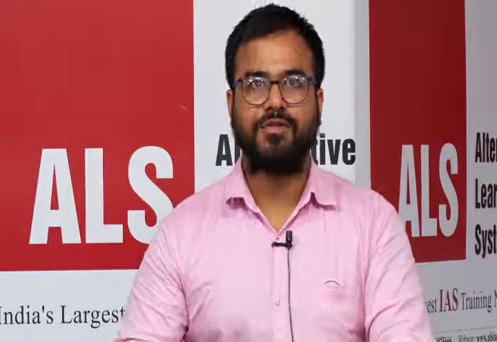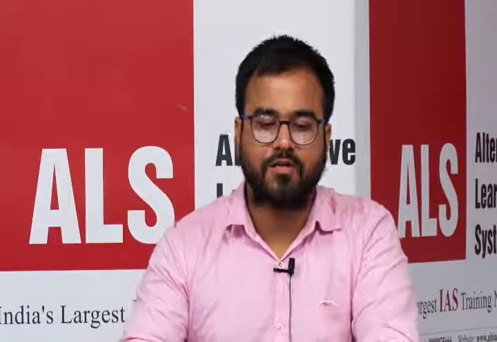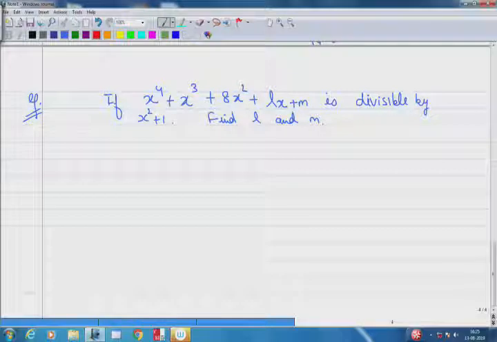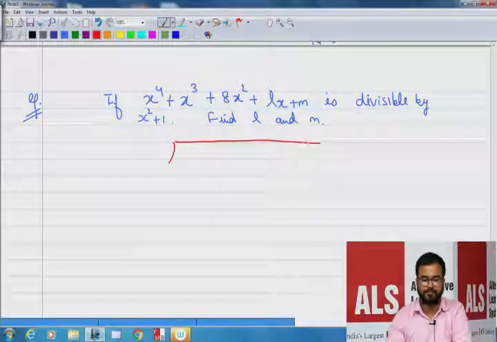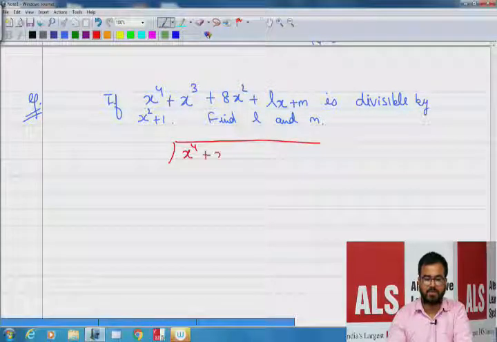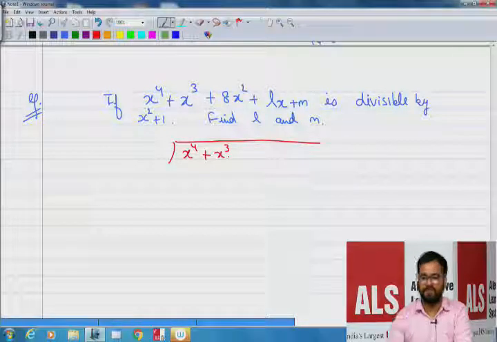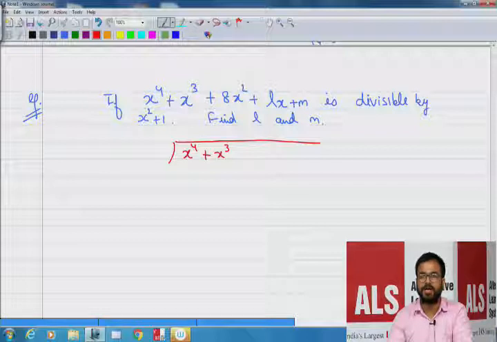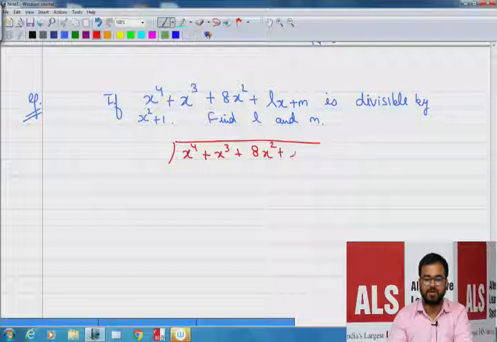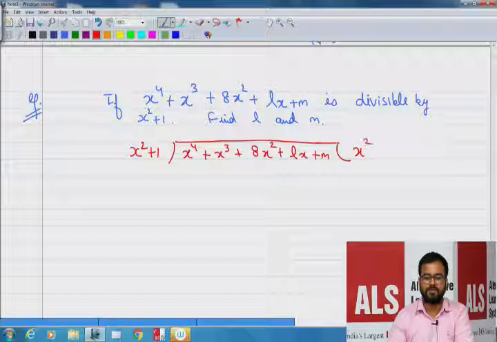See, when you do the long division in this one, you have to take care, like this you can apply. It is x power 4, where, Itanagar, for the value of m, the sign would create a problem. See, x power 4 plus x cube plus 8x square plus lx plus m, when you are dividing it by x square plus 1, we will do it like this. First we will multiply by x square, this will become x power 4, and it will be x square over here.